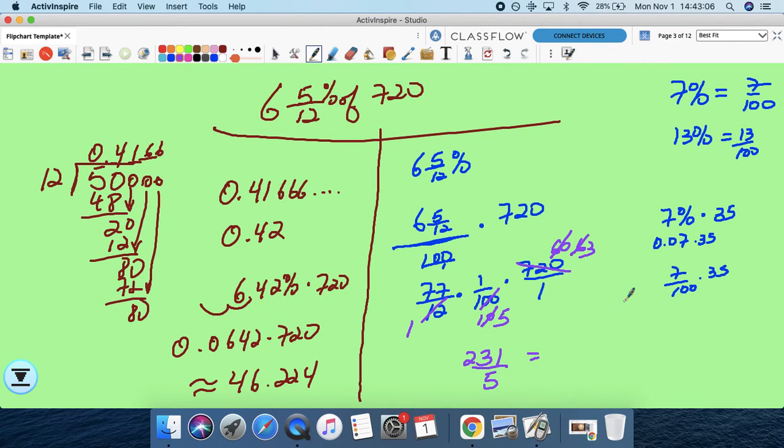My answer would be 231 over 5, which we can simplify to 46 and 1/5, or better yet, 46.2, which is a little bit more precise than that other answer because I didn't have to round anything. Okay, so just a different way of looking at things. And I'll add that because I forgot to do this.